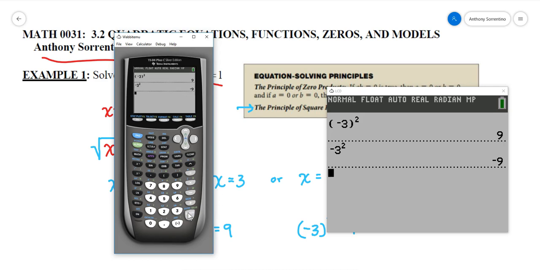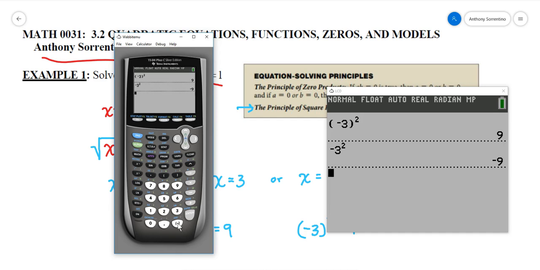The reason for that is this top one here is negative 3 squared. This bottom one is the opposite of 3 squared. And that's one of the reasons why you see the negative symbol down here has the parentheses around it, kind of reminding you that if you're planning on squaring anything or raising anything to a power that's negative or doing anything with a negative, you might want to have that in parentheses to handle it correctly.